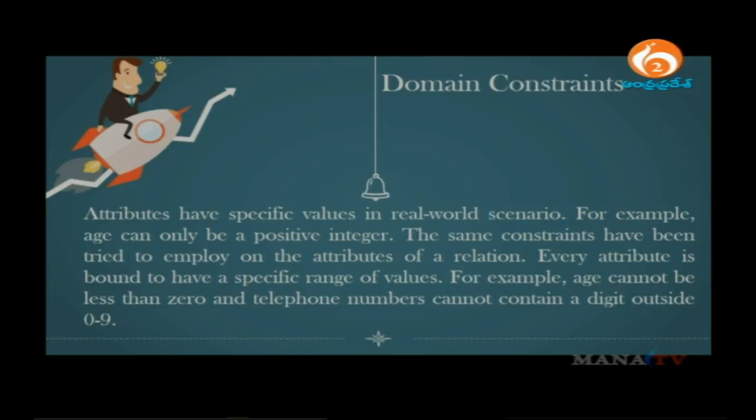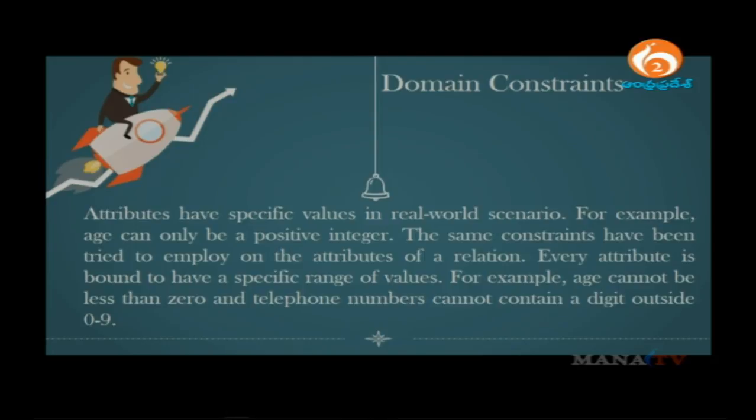For example, age can't be less than 0, and a telephone number can't contain a digit outside 0 to 9. Alright. So, in this particular case, if you are defining any such constraints, then we call it a domain constraint. Domain constraints are again a very important factor after key constraints.